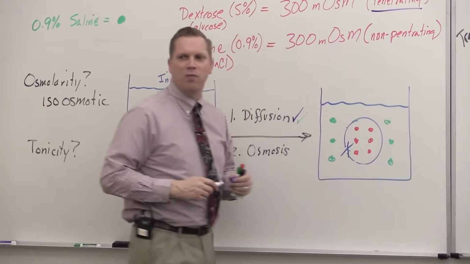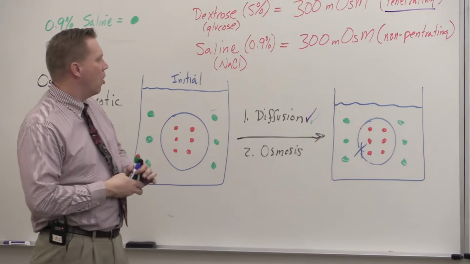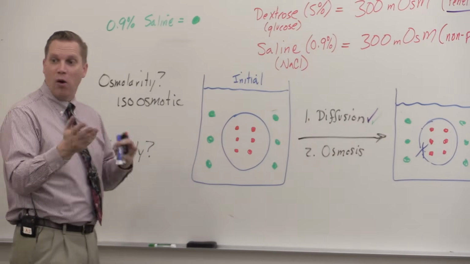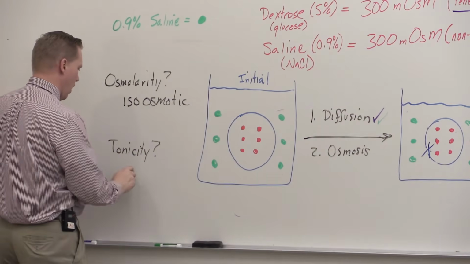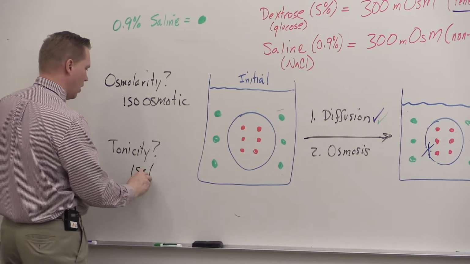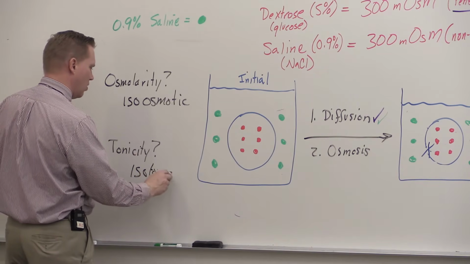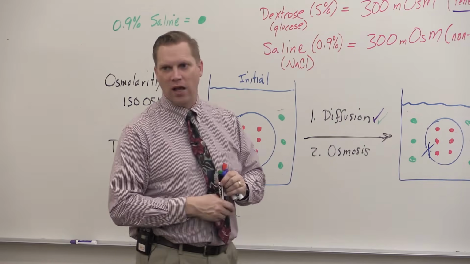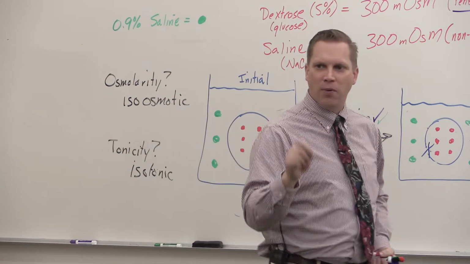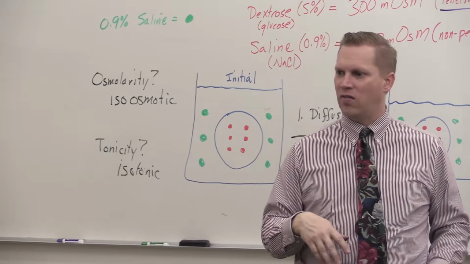There's no net movement of water, which means that there's going to be no effect on the cell. That was our definition of an isotonic solution. An isotonic solution is one that has no effect on the cell. So 0.9% saline has no effect on the cell.